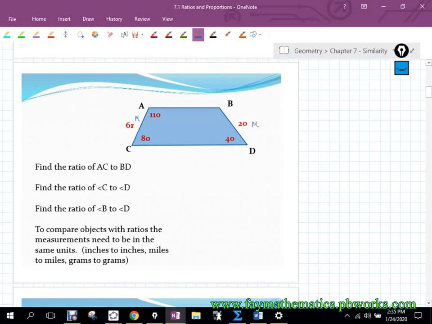When I want to compare the ratio of AC to BD, as a fraction that would be 6R meters over 20 meters. Now, just like common factors, what happens with those meters? If one's on top and one's on the bottom, they disappear.